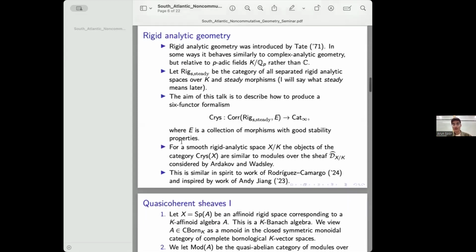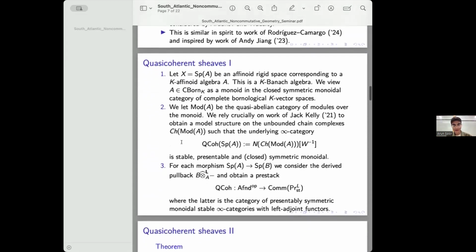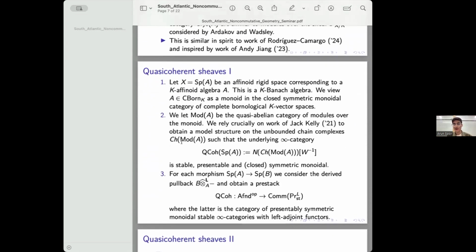I'm afraid this slide is slightly technical. But in order to first construct a theory of D-modules, we have to have a theory of quasi-coherent sheaves on analytic varieties. So now I'll explain how to construct a theory of quasi-coherent sheaves on analytic varieties.